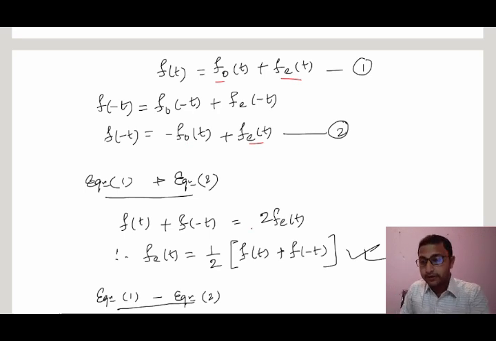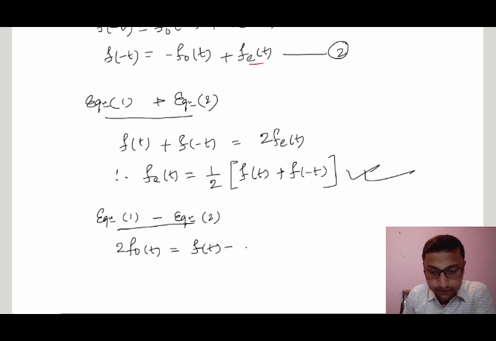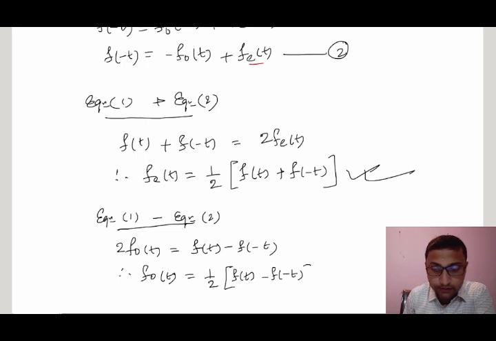Twice f_odd(t) will be f(t) minus f(-t). So f_odd(t) is equal to 1 by 2 of f(t) minus f(-t).